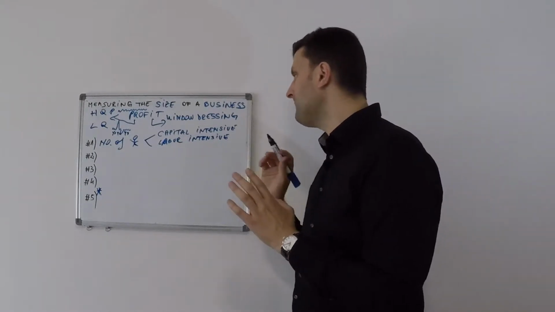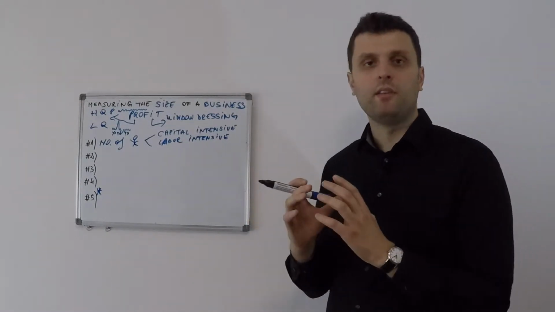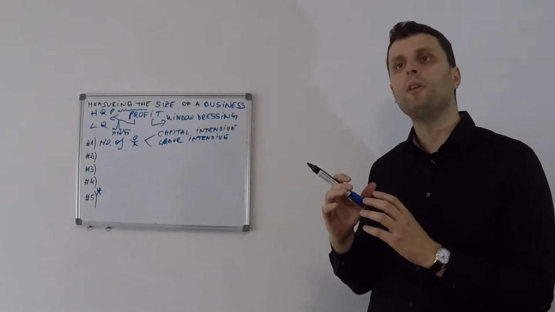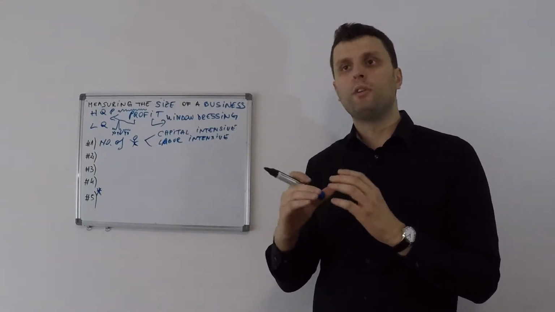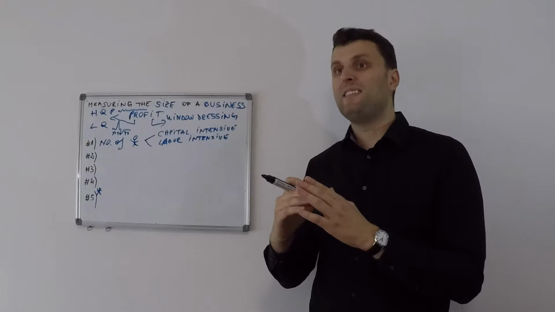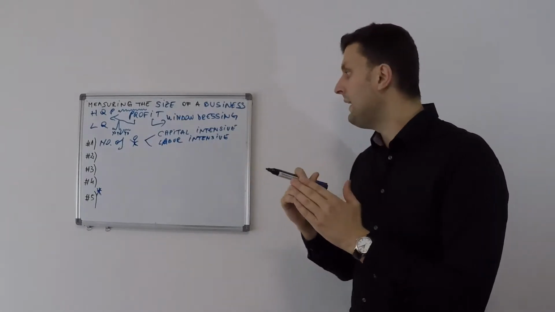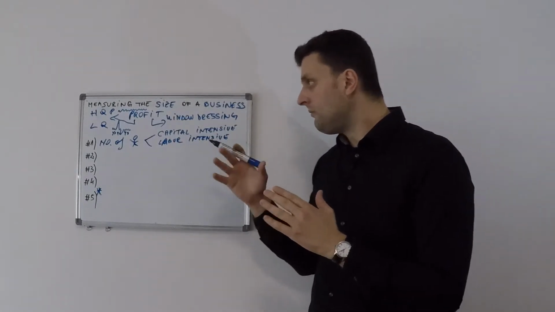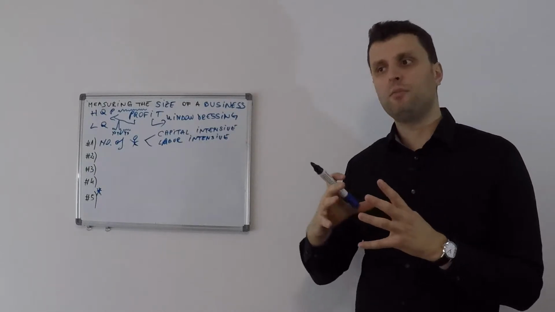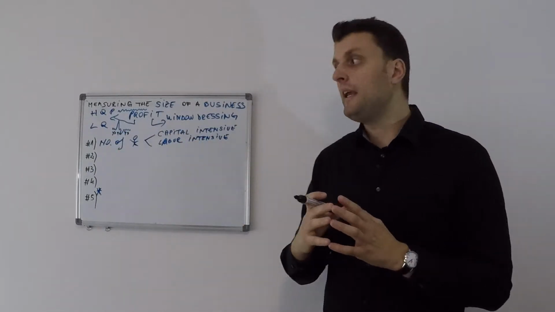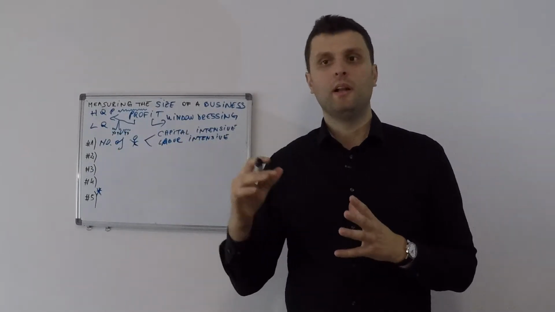On the other side, we have labor intensive, and this is very specific to countries in which the labor force is very accessible and it's abundant, and it's the situation in which the vast majority of the production process is made through human labor.